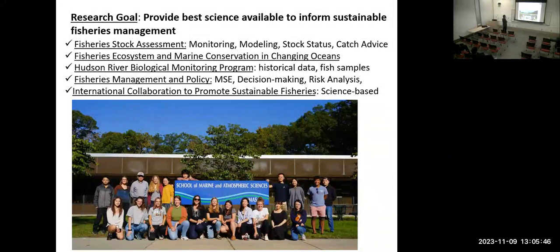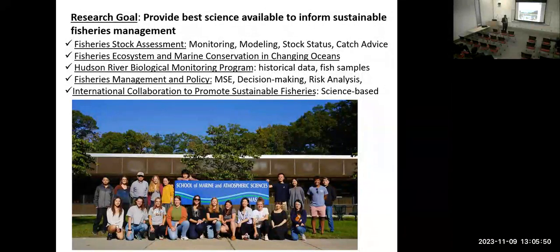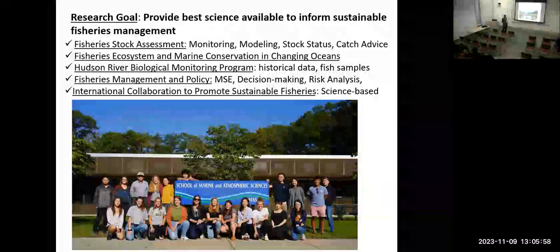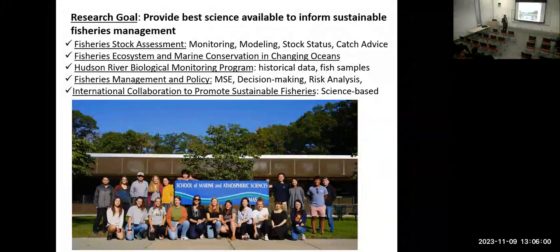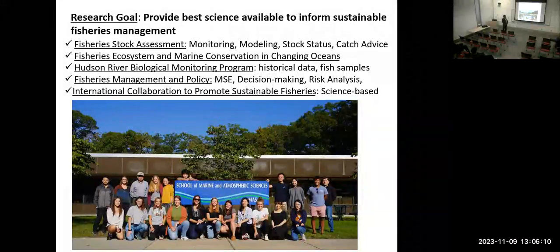That's a really valuable resource that we just started to get into, and there are a lot of opportunities for collaborations, because it's such a big data set, a long time series, and all the environmental data was also collected together with the fish samples. So if you are interested in collaborations, there is definitely a huge database that we can work together on.